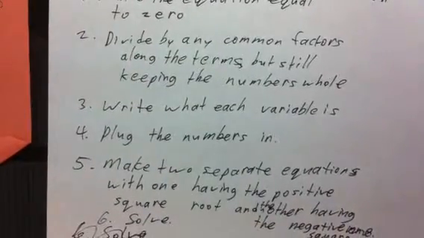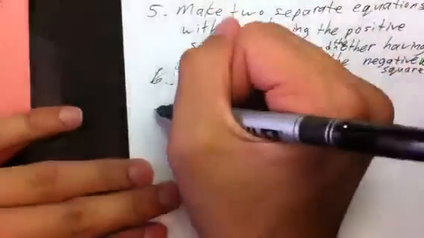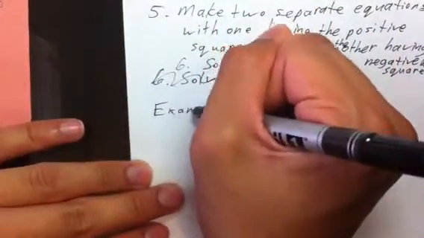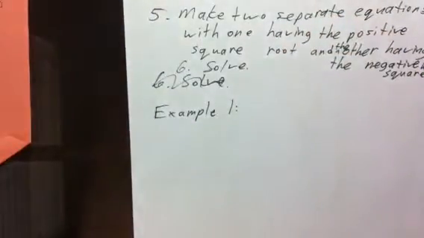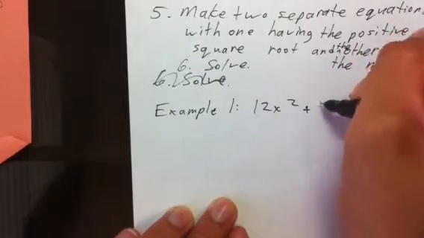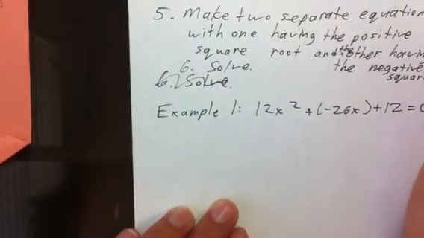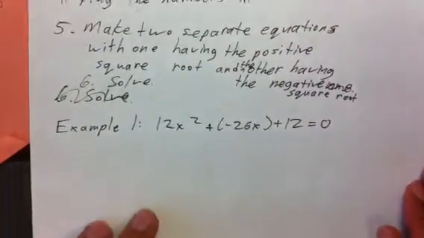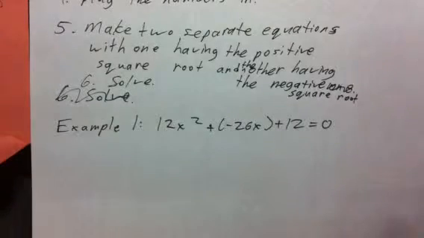First example is example 1: 12x squared plus negative 26x plus 12 equals 0. First thing we do is make the equation equal to 0.